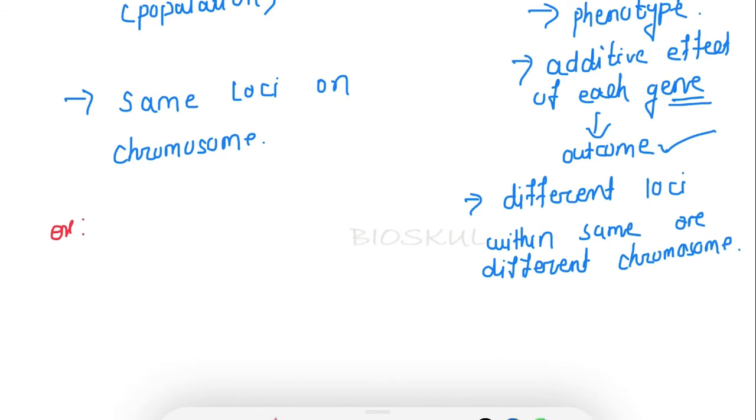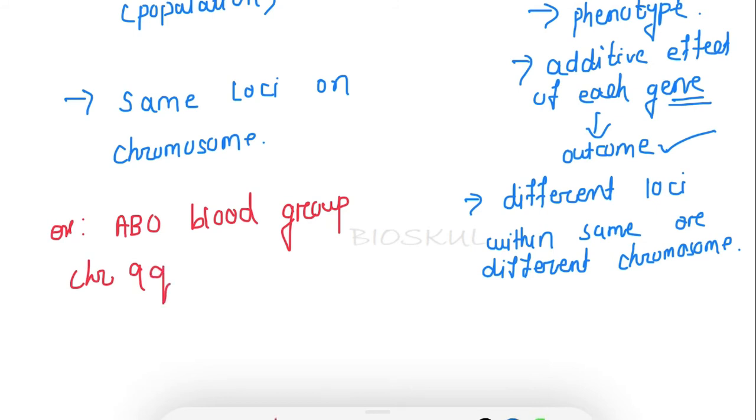What is the example of multiple allele? It is the ABO blood group in human. The ABO blood group is located on chromosome number 9. To be more specific, it is located on the long arm of chromosome number 9 at 34.2 loci.